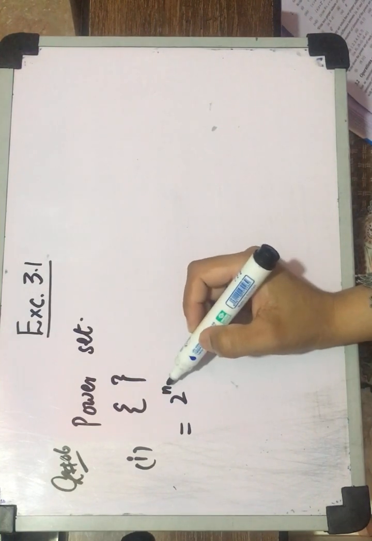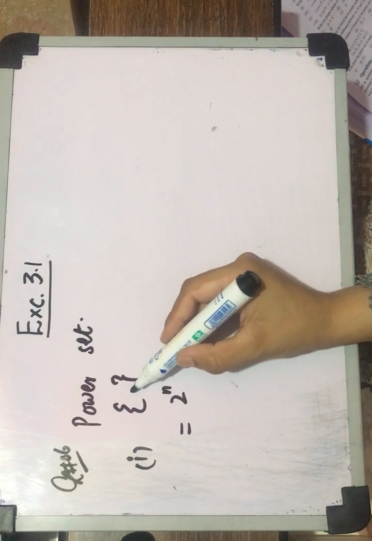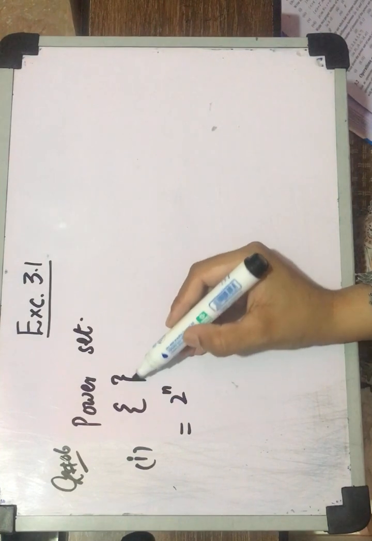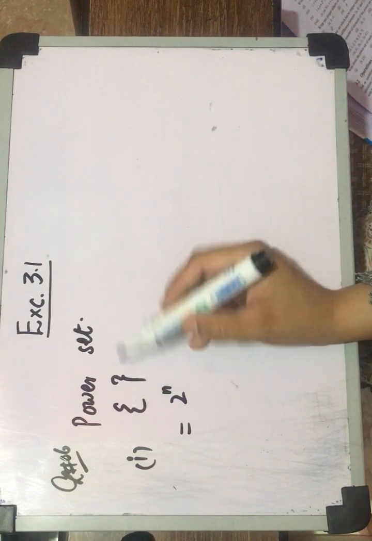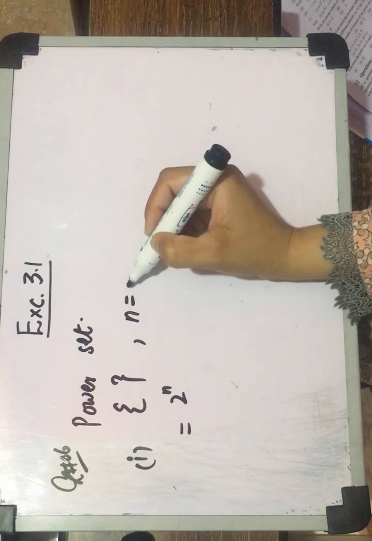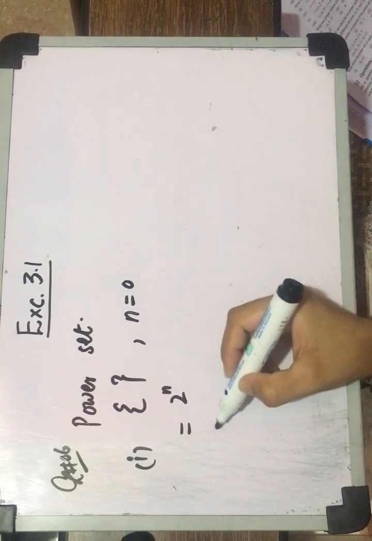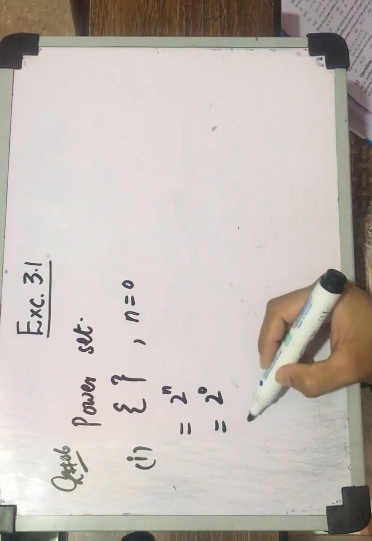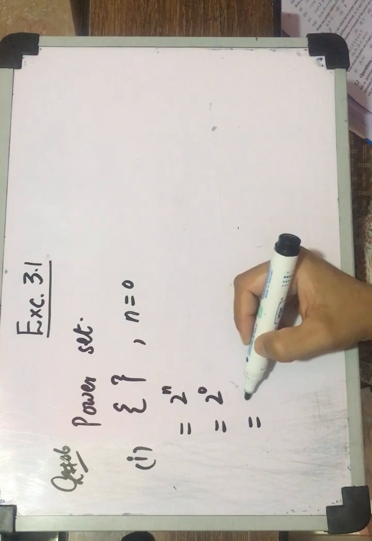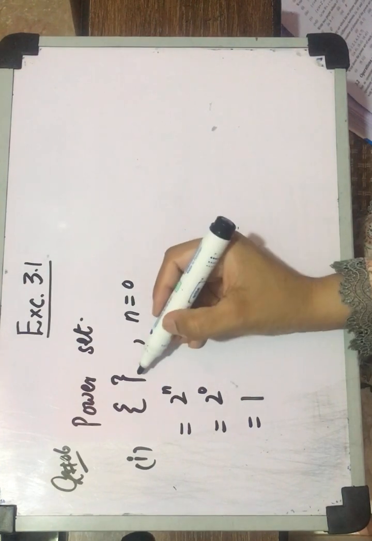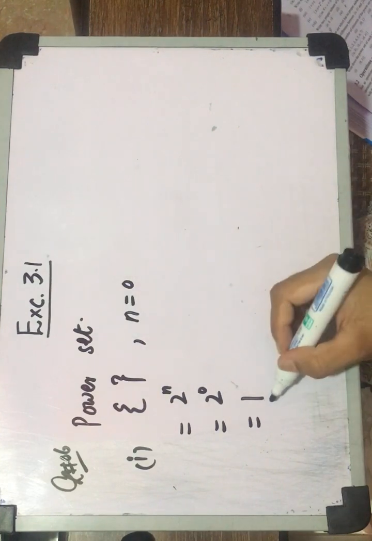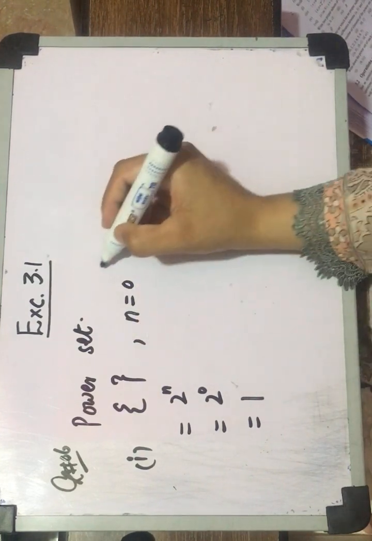N is the number of elements in a set. How many elements in this set? This is an empty set, it has no element, so n is equal to 0, and then we have 2 raised to power 0. Any number with power 0 is equal to 1. So only 1 is the power set of this set.